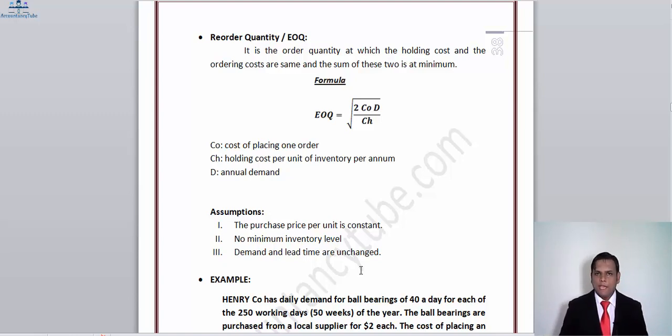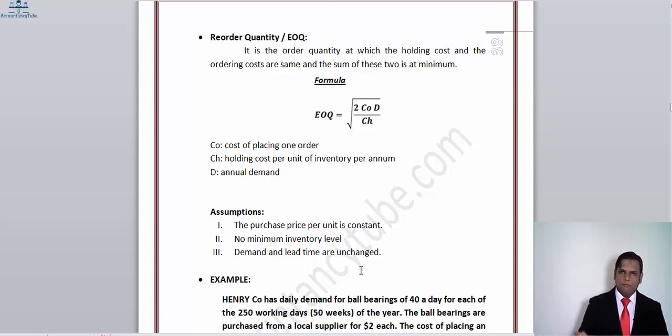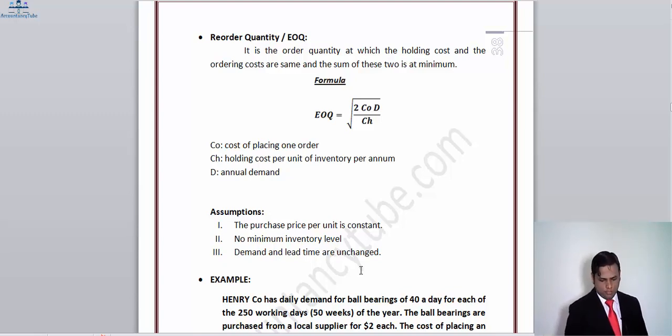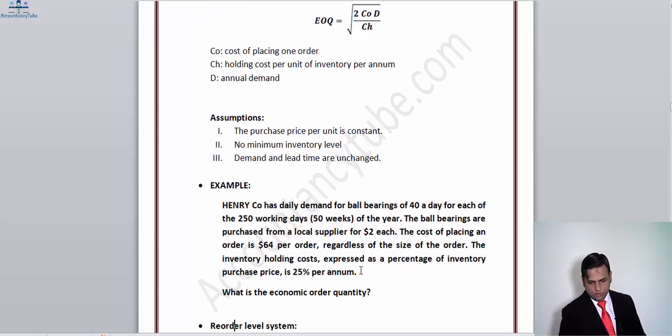We do not expect EOQ to work in changing circumstances. This is not how EOQ works. In a perfect world, this will give you a minimum order level which your business should place to keep its costs low.